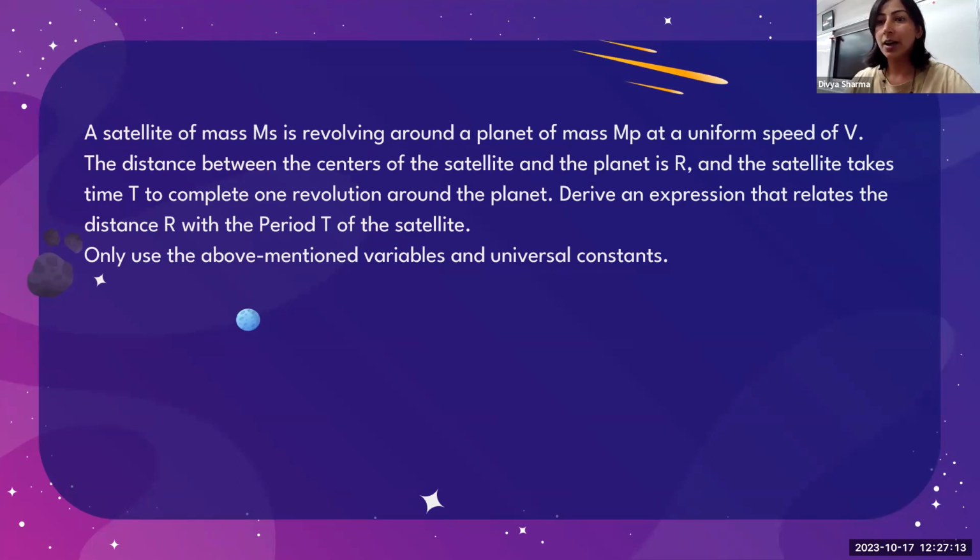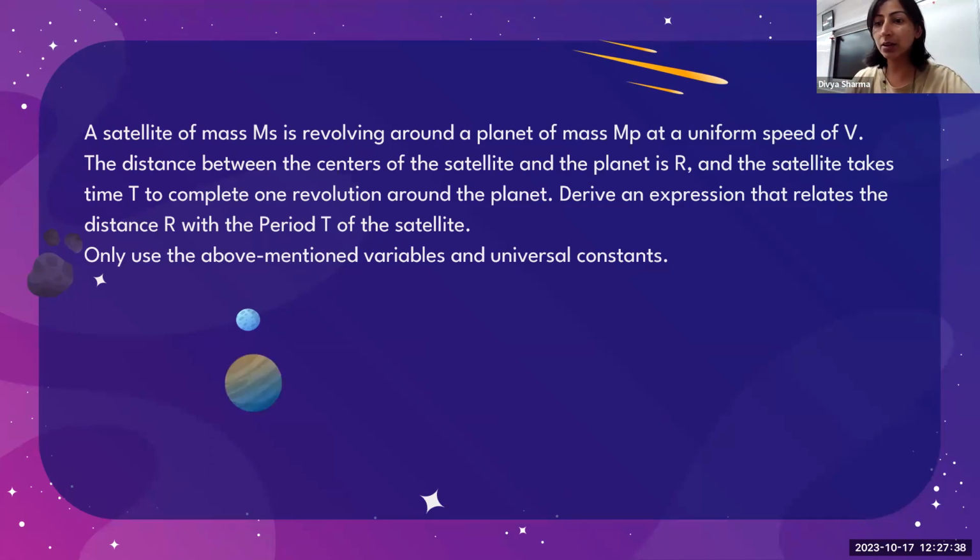Derive an expression that relates the distance r with the period T of the satellite. The only variables that you can use are all of the above variables excluding v. So you can use ms, mp, r, T, and that's it. And you can use the constants.